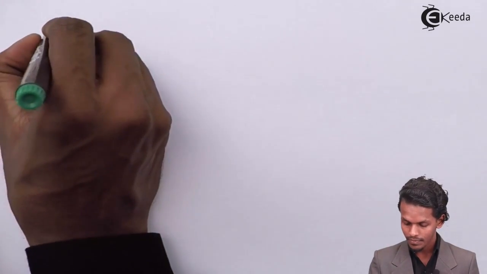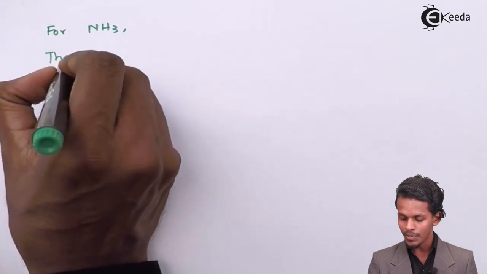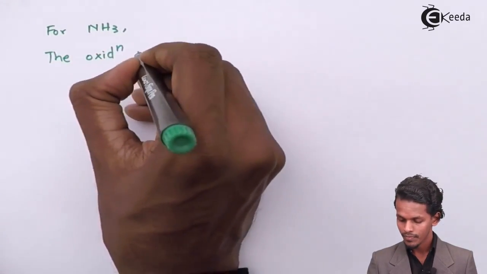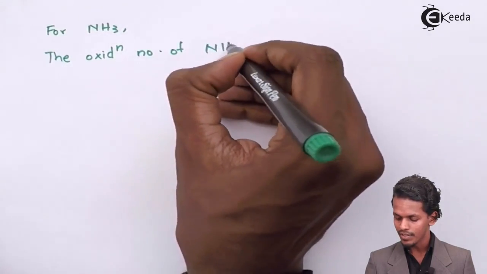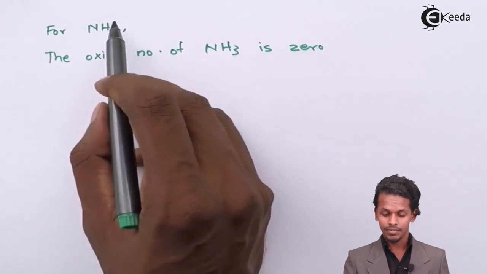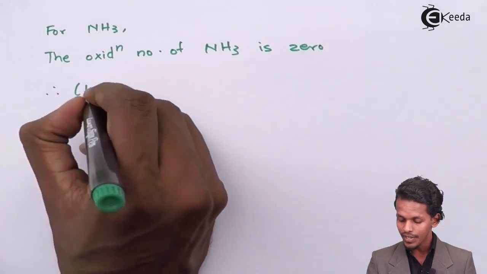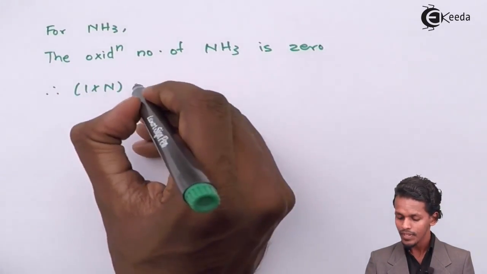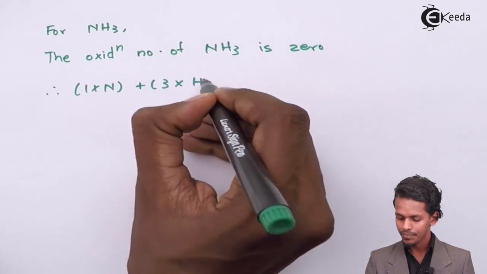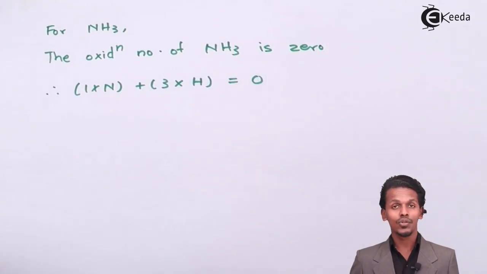In this case, the first product was NH3. For NH3, the oxidation number of NH3 is 0, as we observe that there is no charge present on this molecule. So I could write it as 1 into nitrogen plus 3 times hydrogen, which will be of 0 oxidation state.